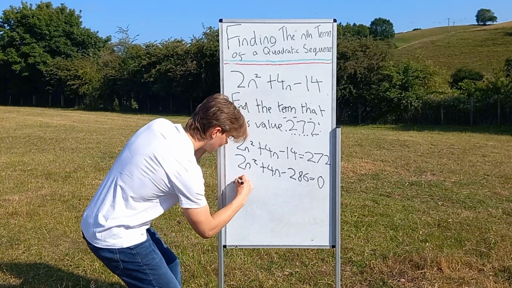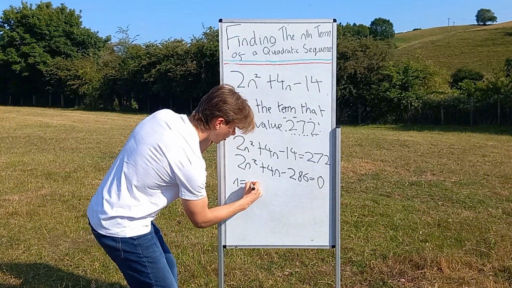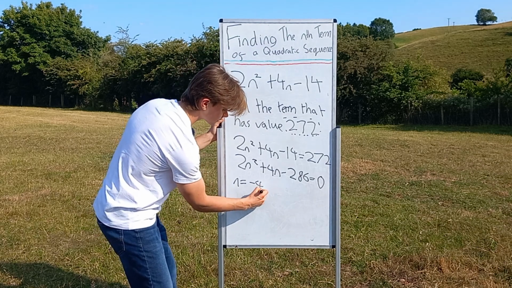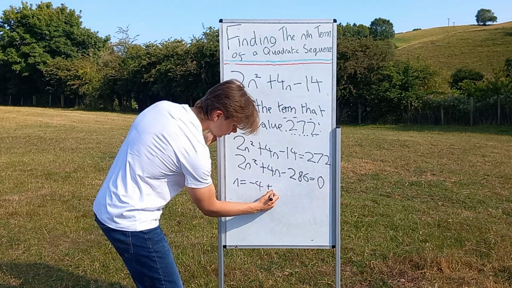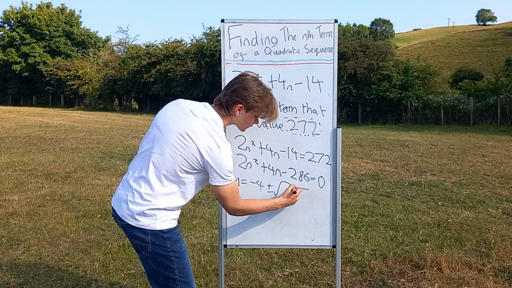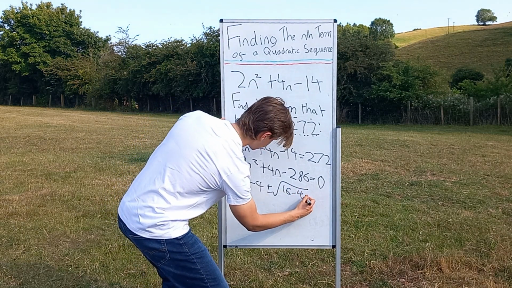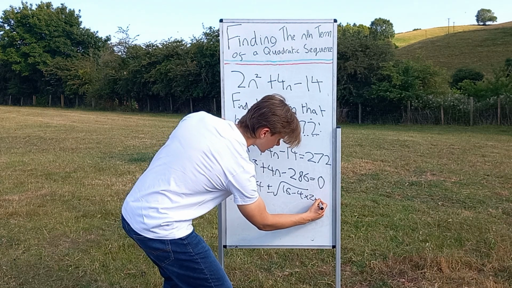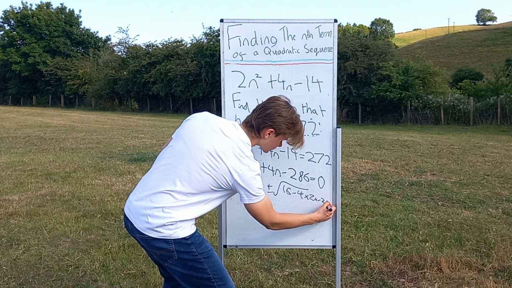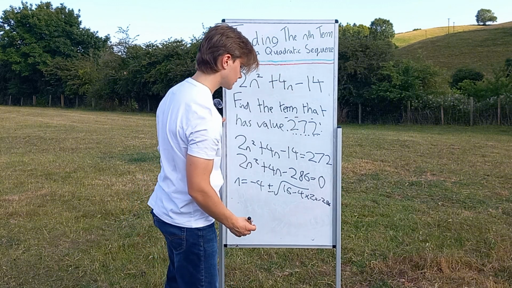So we're going to say that n equals minus 4, because minus b, right, plus or minus the square root of 16 minus 4 times 2 times minus 286.